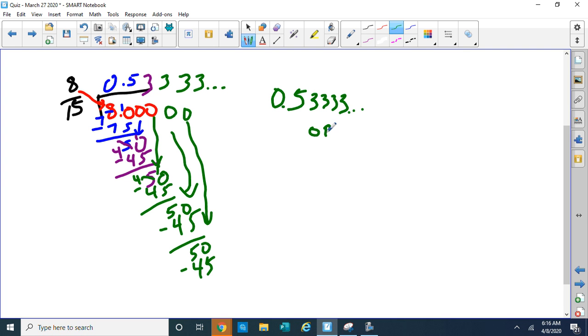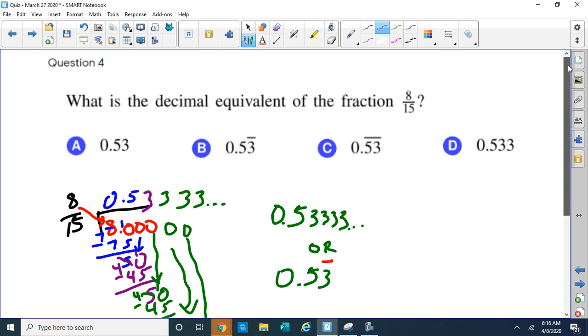Or I could take the 0.5 and put a 3 with a little line on top of it. The line means that the number underneath it is going to be repeating over and over again. So the 3 is only going to have the line on top of it because it's repeating over and over, as you see up here. So that's going to be my answer to this question.